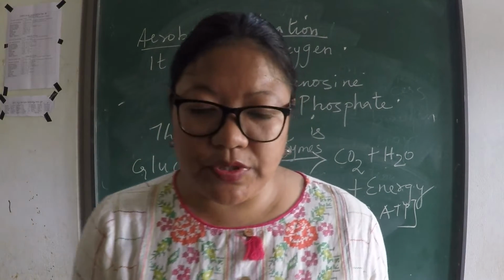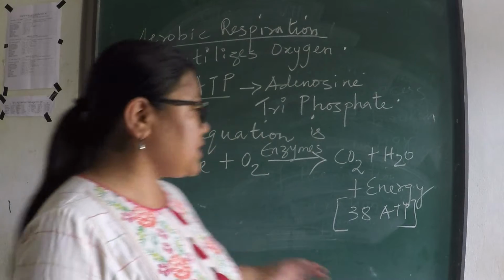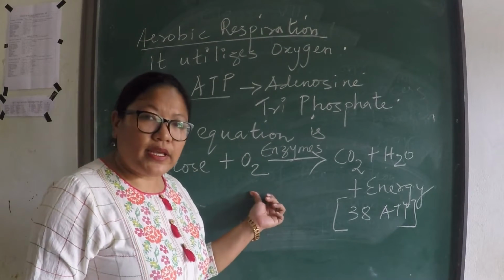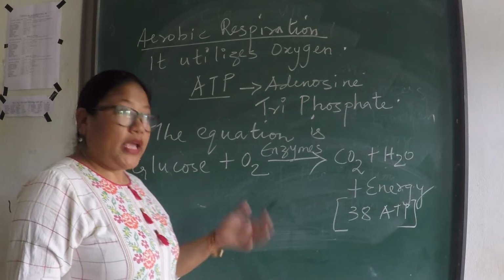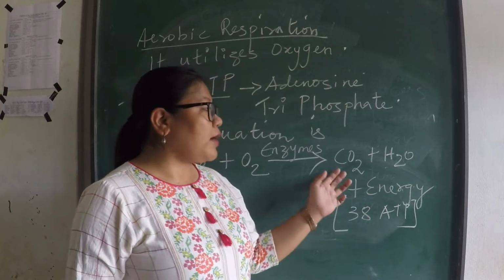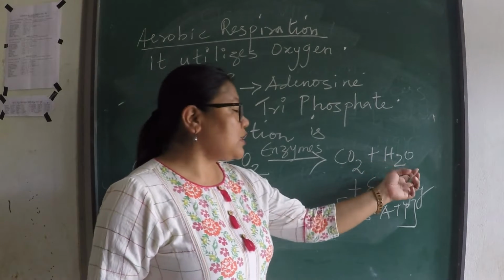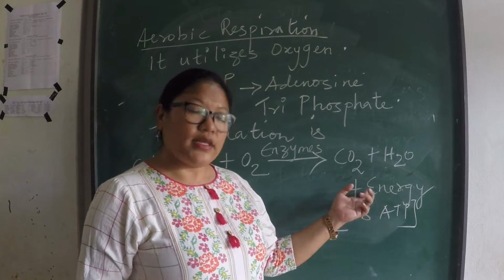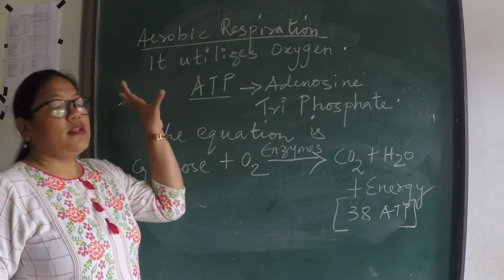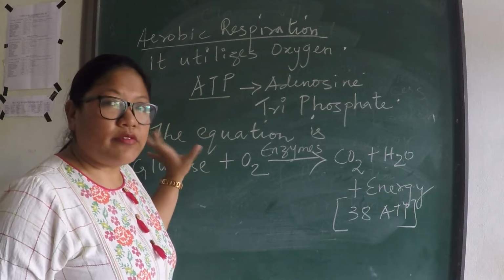And how much ATP do we get? 38. Let's see the equation again. Glucose plus oxygen. I've told you in the beginning, glucose is broken down in the presence of oxygen and it gives out carbon dioxide and water, and the most important thing is energy. So this overall is the explanation of aerobic respiration.